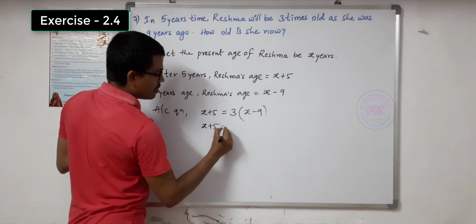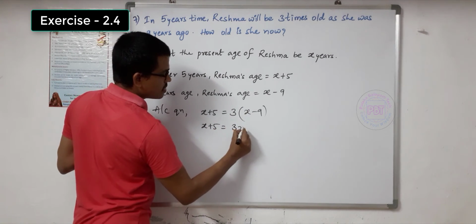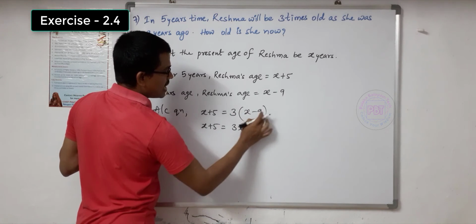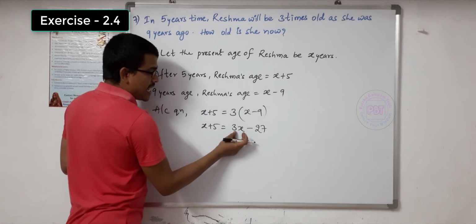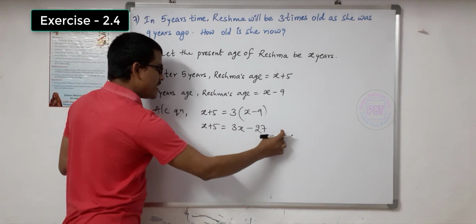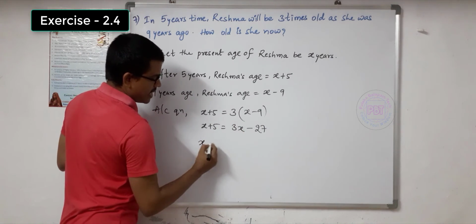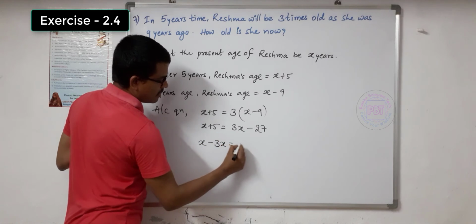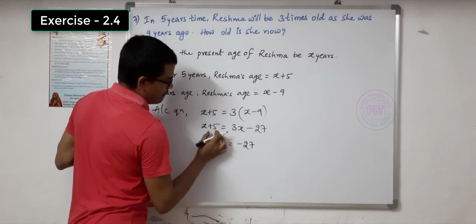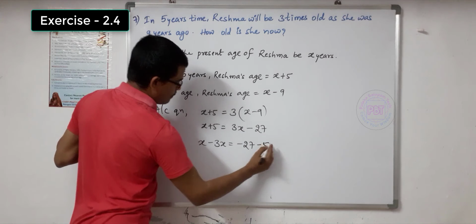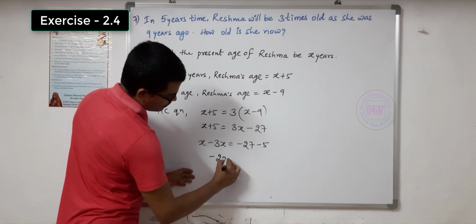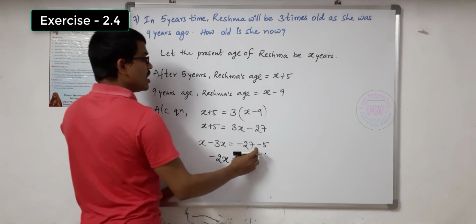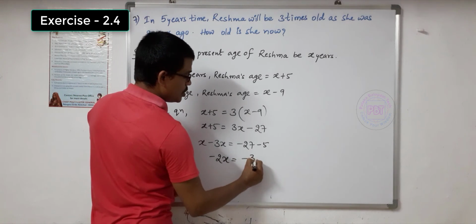x plus 5 equal to 3 into x is 3x. Plus into minus is minus, 3 nines are 27. I am transposing 3x to the left hand side, 5 to the right hand side. x minus 3x equal to minus 27, plus 5 becomes minus 5. x minus 3x is minus 2x equal to minus 27 minus 5 is minus 32.